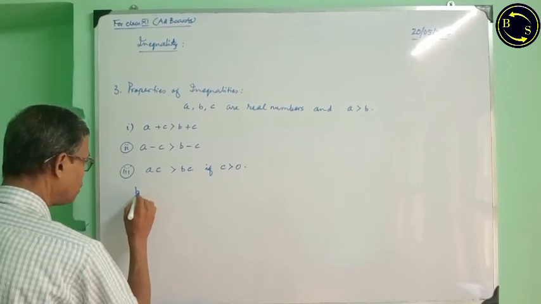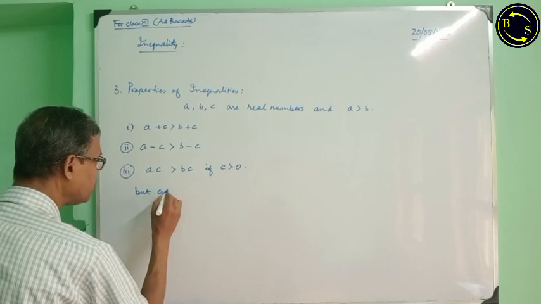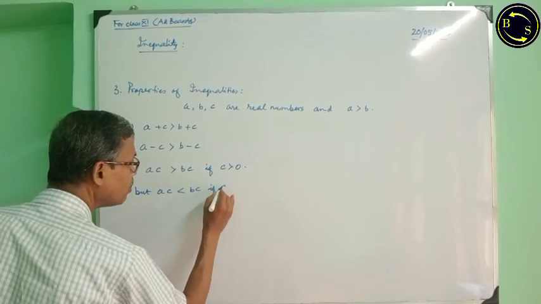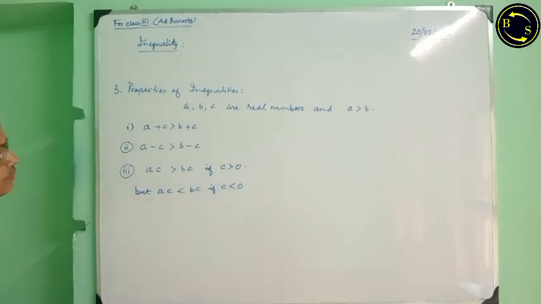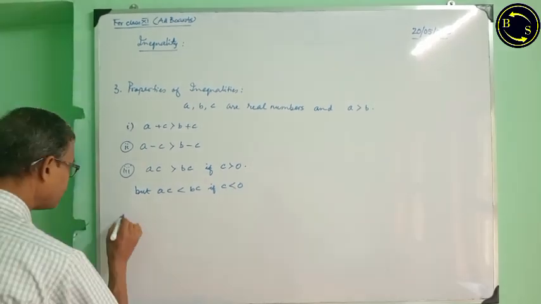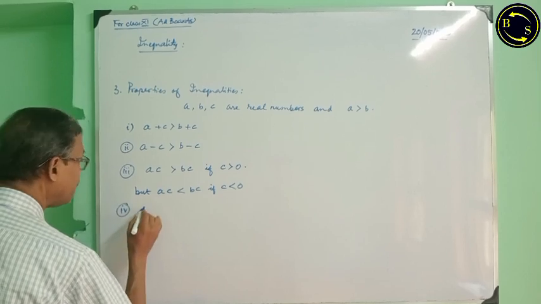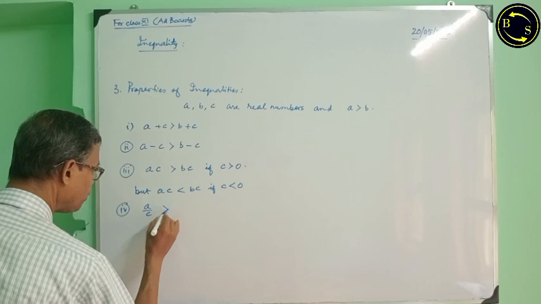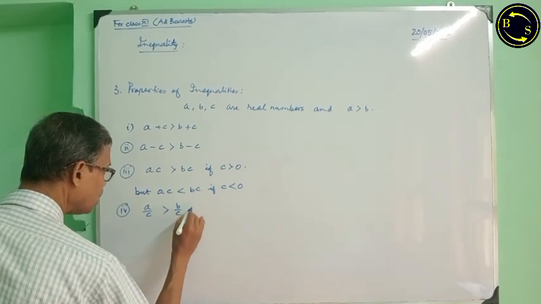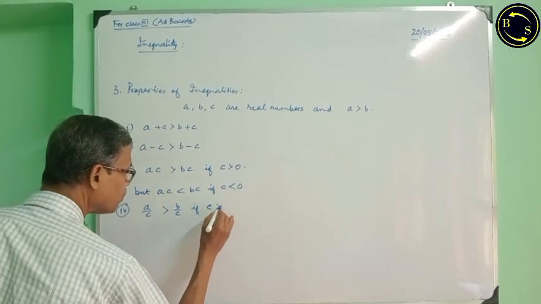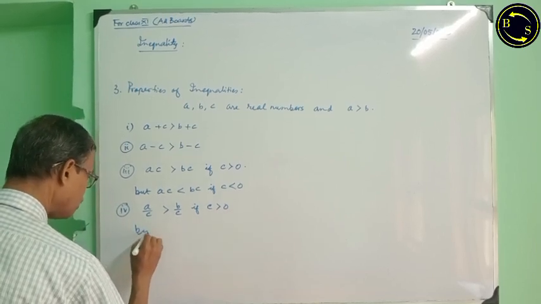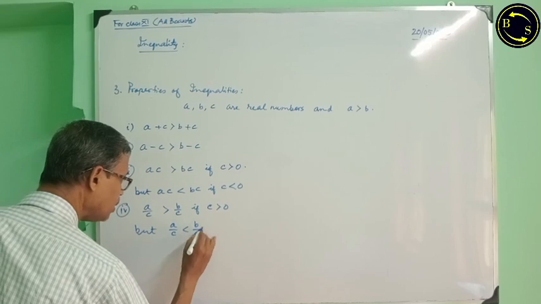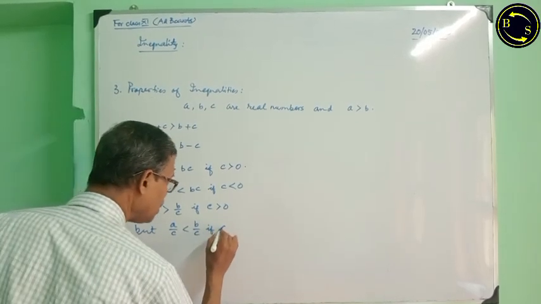Otherwise, AC less than BC if C less than 0. Next, number 4, if we divide both sides, A by C will be greater than B by C if C is positive, but A by C less than B by C if C less than 0.